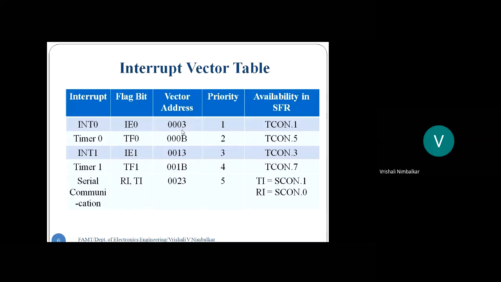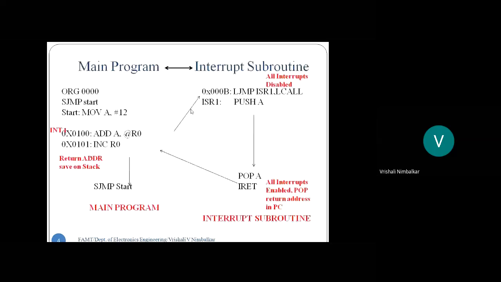Then how do we manage this, right? So we looked into it: whenever the microcontroller jumps to the corresponding interrupt vector address, at that particular address location we write another jump instruction, either a jump instruction or a call instruction, right? So we write another jump instruction at those vector addresses.